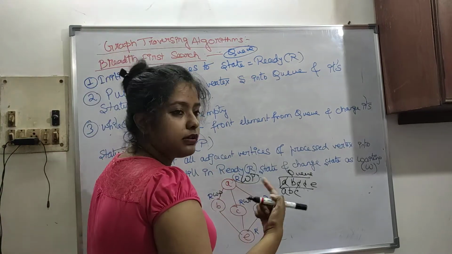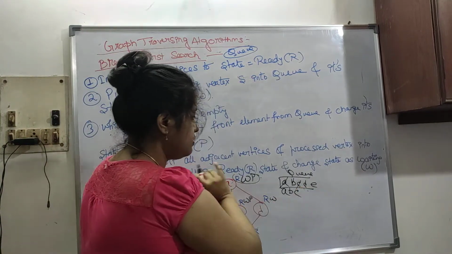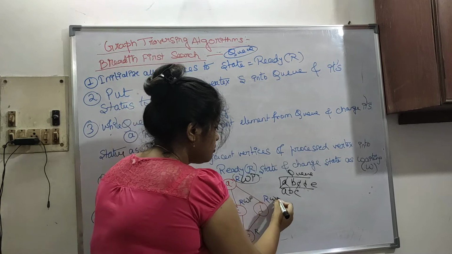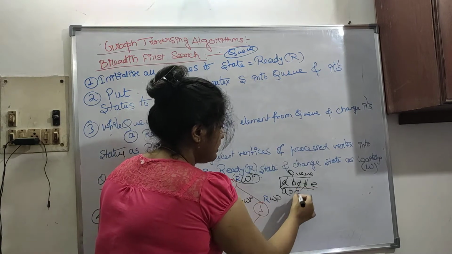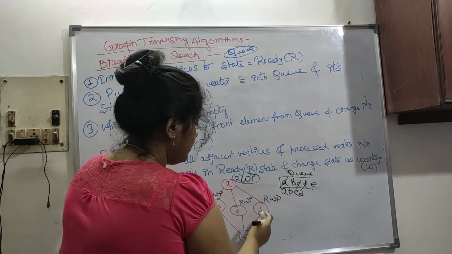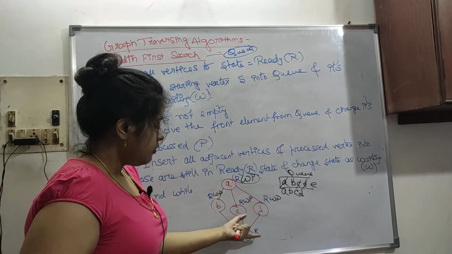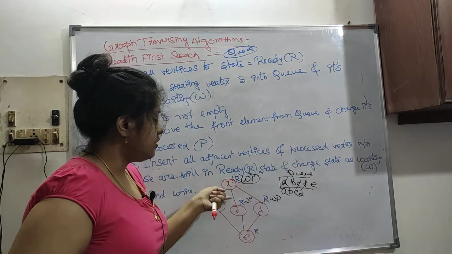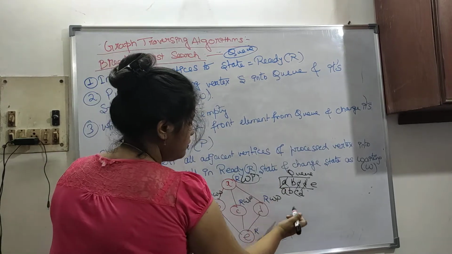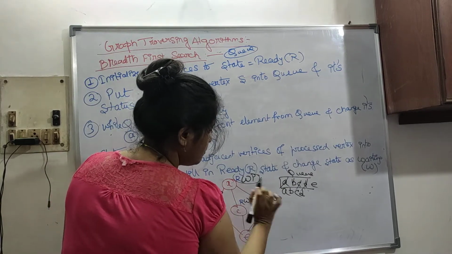Again we go to D, because the queue is not empty. It is removed and processed. Same thing, no new adjacent vertex, E is already present and A is already processed, so nothing to do, just process.